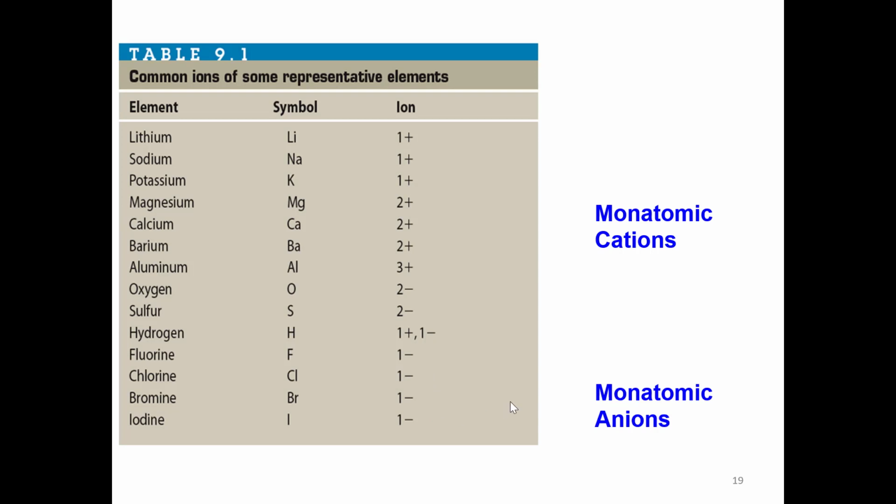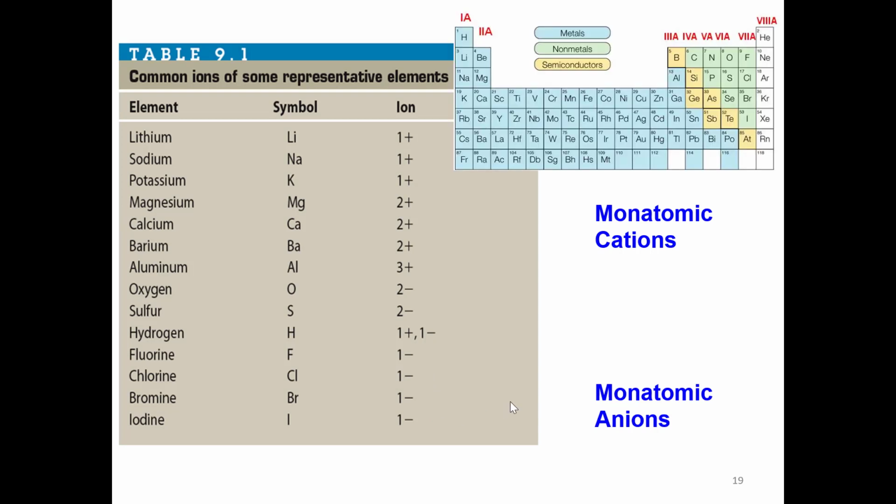We will use the periodic table to do that. Let's just quickly review. As we know, the metals are always positive ions. The reason is they lose electrons. For example, the first group, they lose an electron and become positive 1, as is the case of lithium. We also have sodium, potassium.